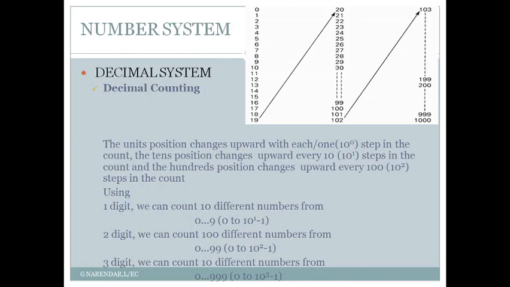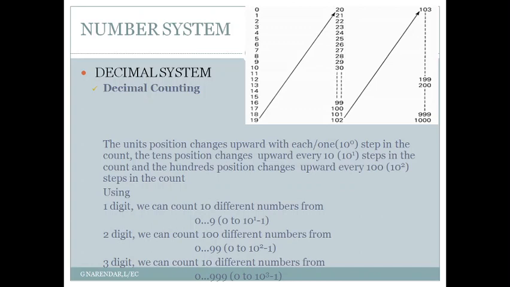So here in the diagram, you can see the usual numbers that we write and count. There is nothing new to observe, but there are a few points that we need to note.